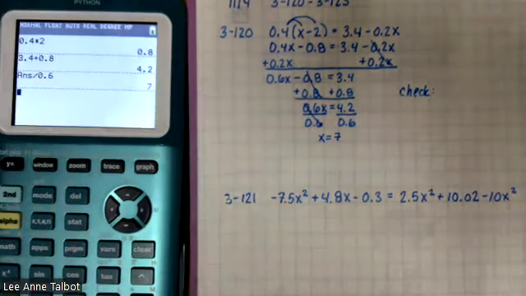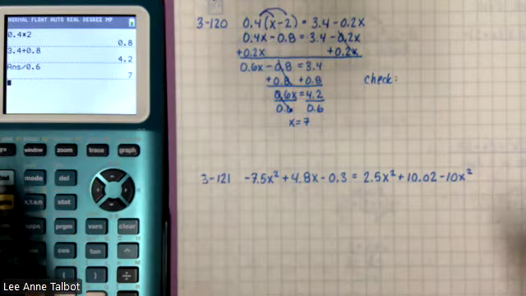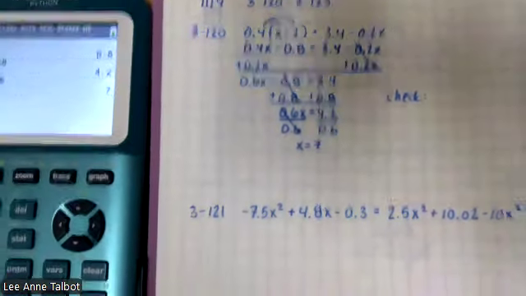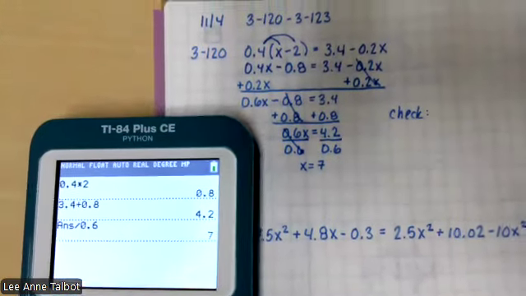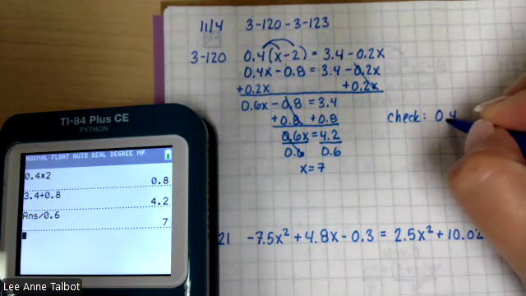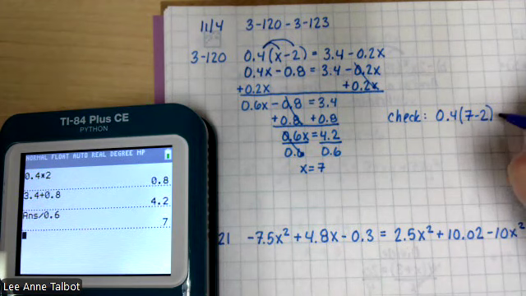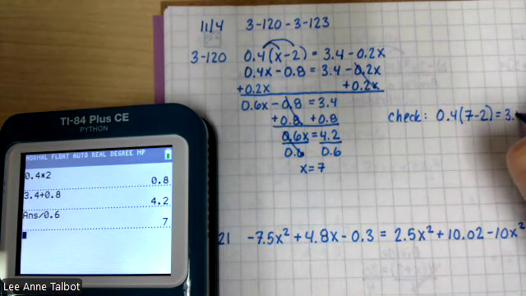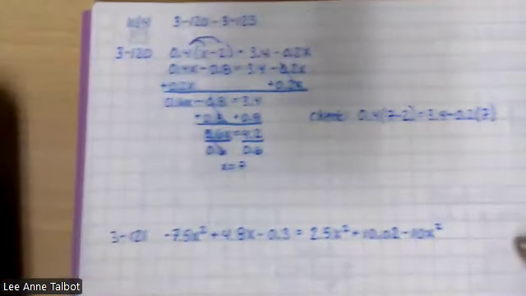Okay, I got 7, which is comforting, I suppose. Now I'm going to plug the 7 back in for x and do the check. So 0.4 times 7 minus 2 equals 3.4 minus 0.2 times 7.